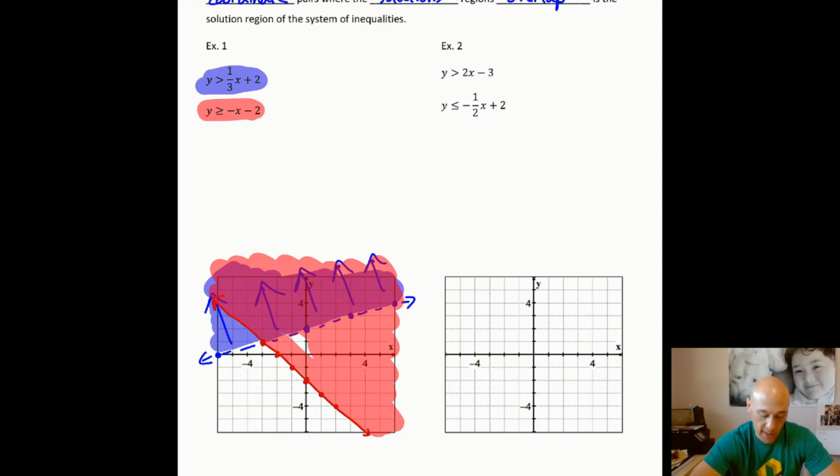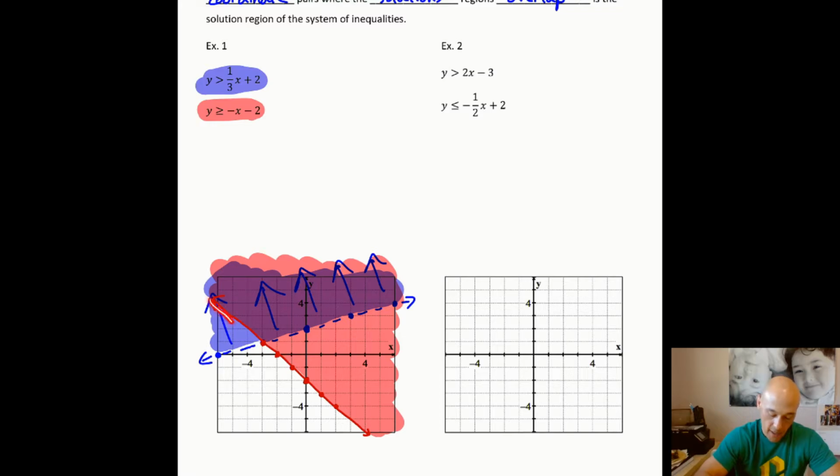And I think it's really nice to be able to see here, neither of the inequalities, that's not a region of solution set. For the blue, the line is not part of the solution set, but up here is.